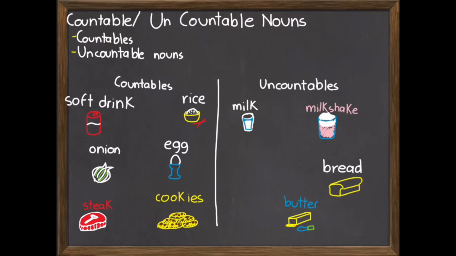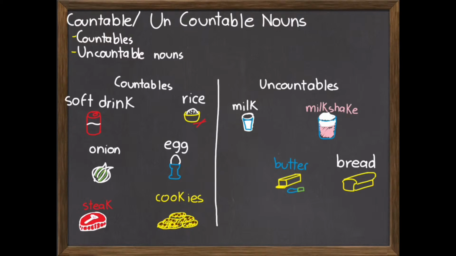Bread. Now, this one's a little bit tricky. You can say a piece of bread, one piece of bread, one slice of bread, but how many breads do you eat? Well, that's not really a word, breads. There is no plural form for bread. So it stays as uncountable.